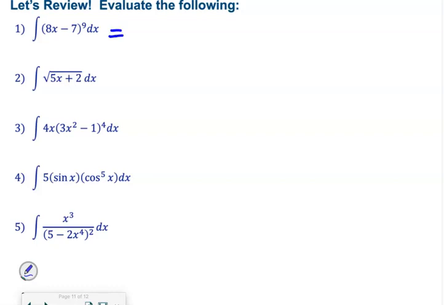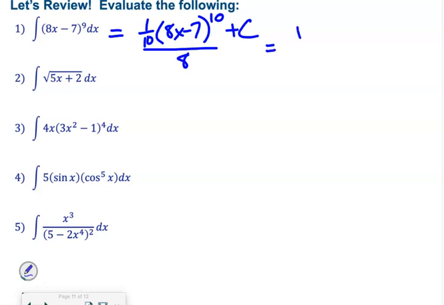All right. So the normal integral for (8x minus 7) to the 9th would be (8x minus 7) to the 10th divided by 10, plus C. But you also have to divide by the slope. So you end up with 1/80 times (8x minus 7) to the 10th plus C. Isn't that nice? It just saves you a little time.